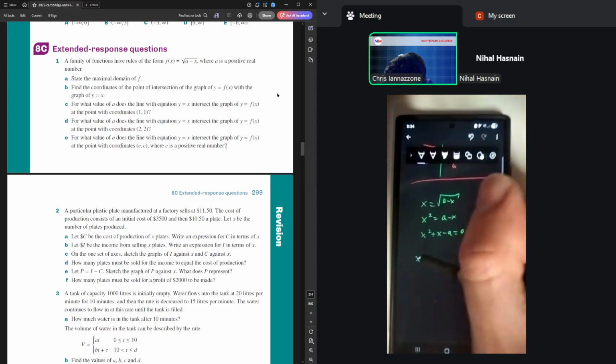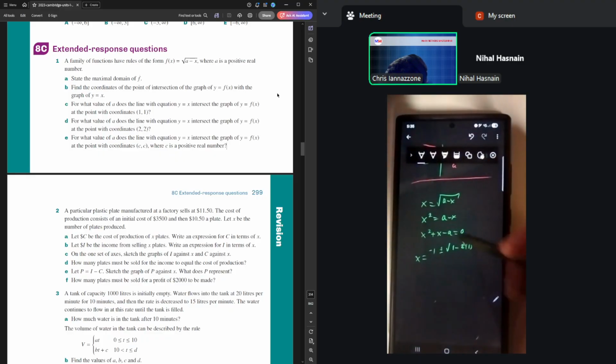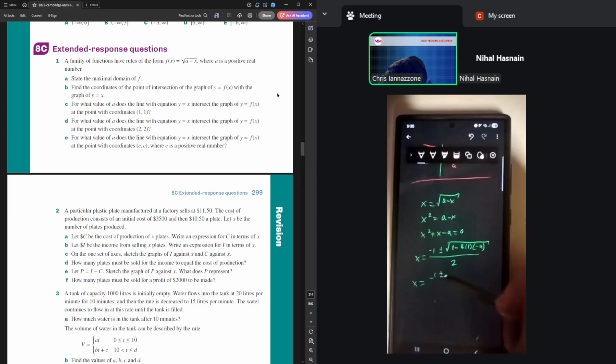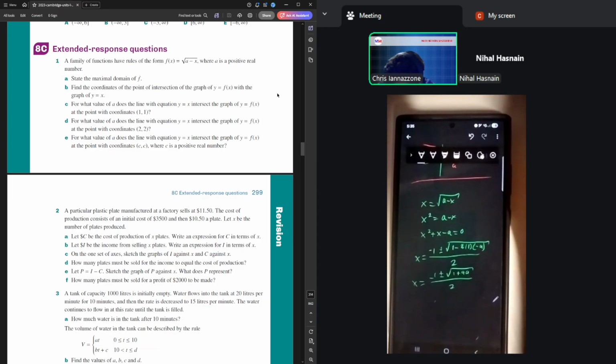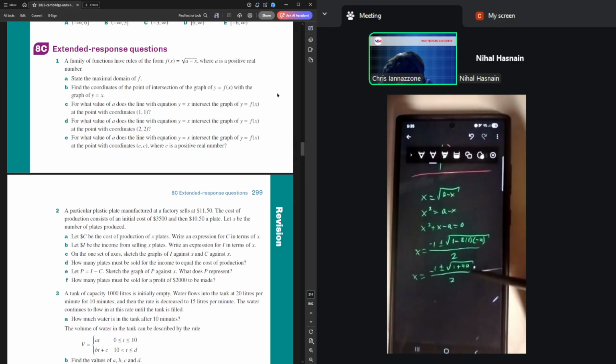So we'll have our x equals negative b, so negative 1 plus minus square root of 1 squared minus 4a and c, so negative a, all over 2 times 1, equals negative 1 plus minus root 1 plus 4a over 2. Cool. Okay, and we know that a is a positive number, which is why that has a valid set of solutions there.